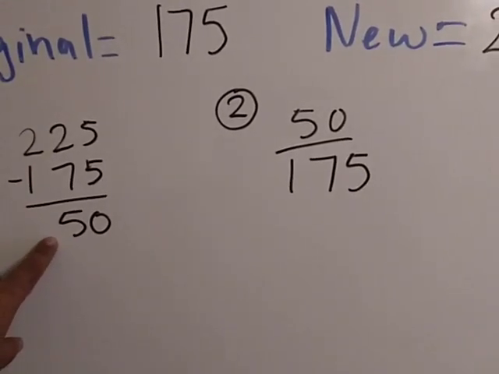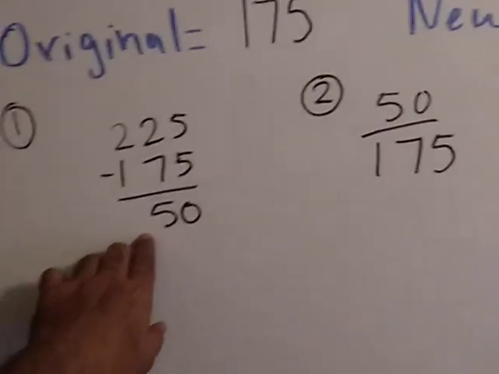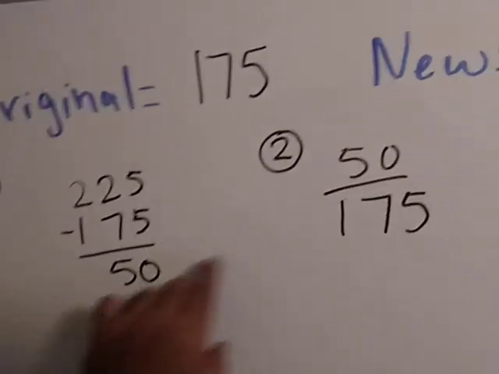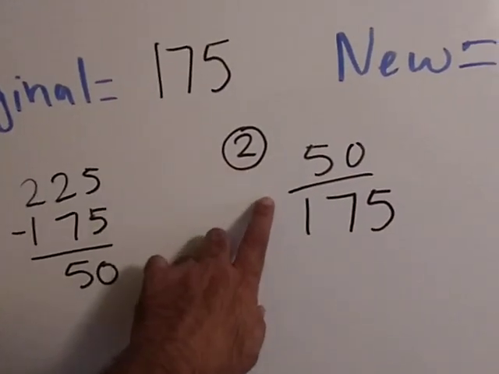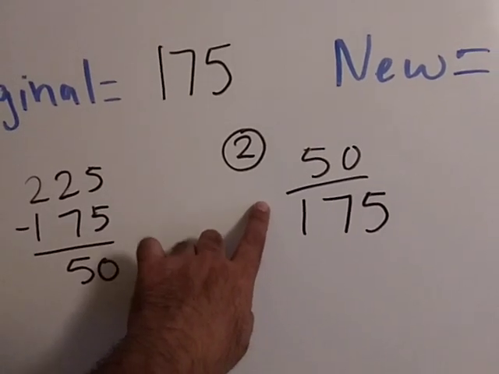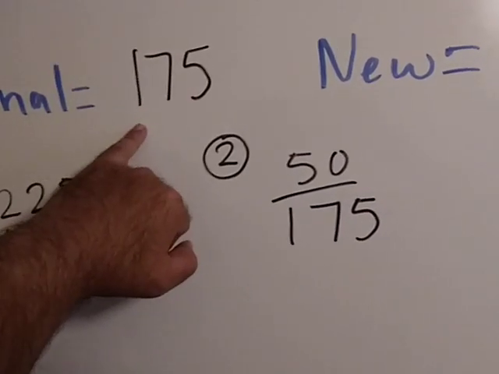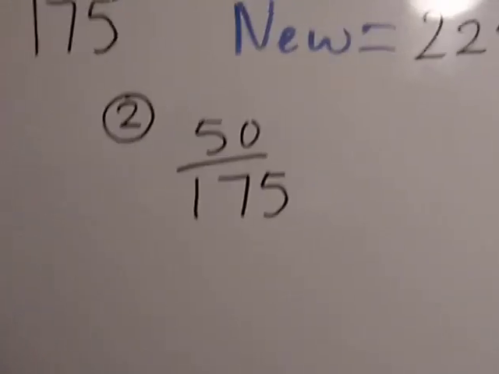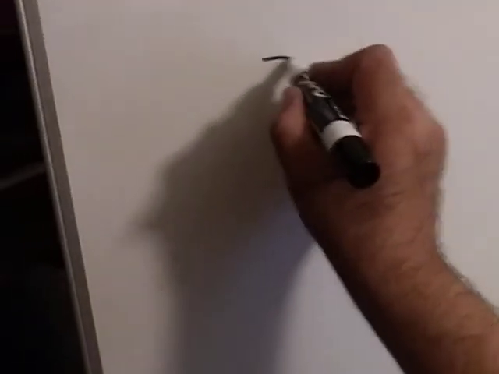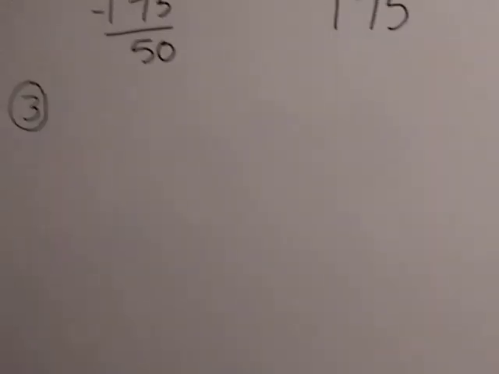We are going to write a ratio of the amount of the increase, which is the 50 on the top, over the original amount, which is the 175. Now for step 3, we are going to convert that 50 over 175 to a percent.